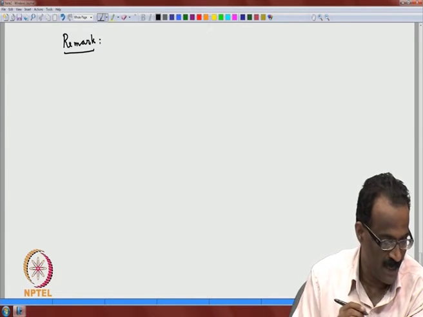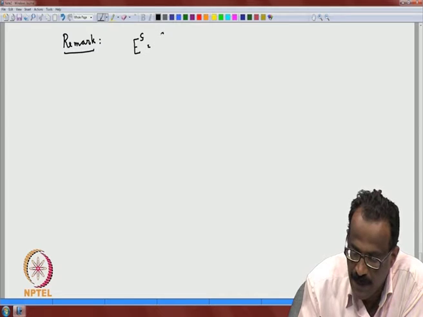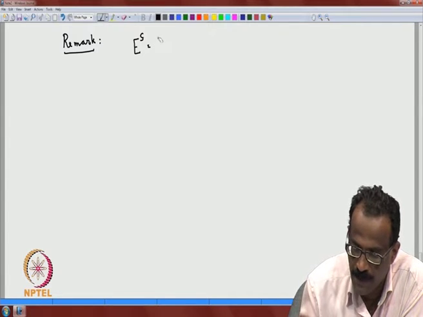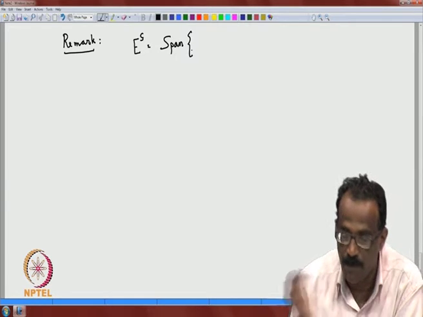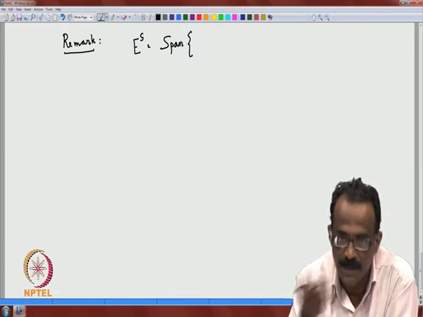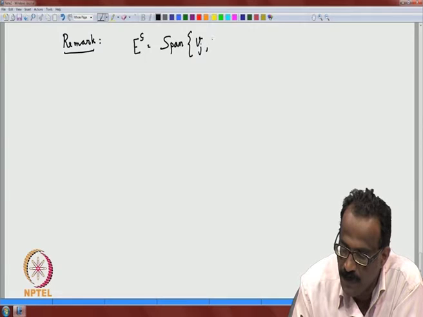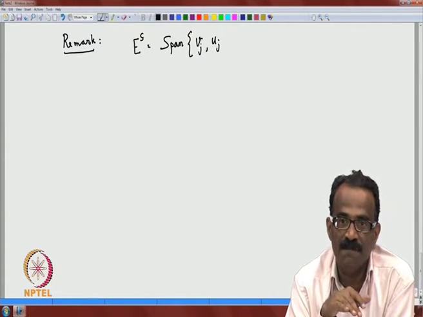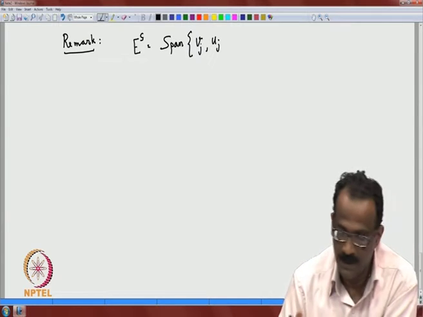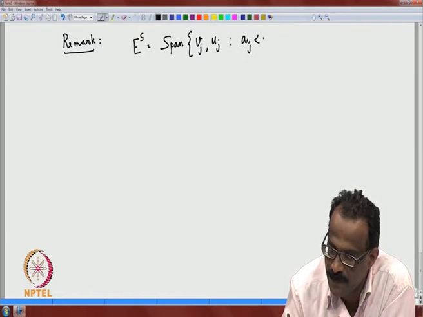You look at all the subspaces: Es is equal to the span of, I am writing it in the general complex form (if the complex part is 0, you get the real part), Vj, Uj, where Uj plus i Vj is an eigenvector corresponding to lambda, such that Aj is negative.